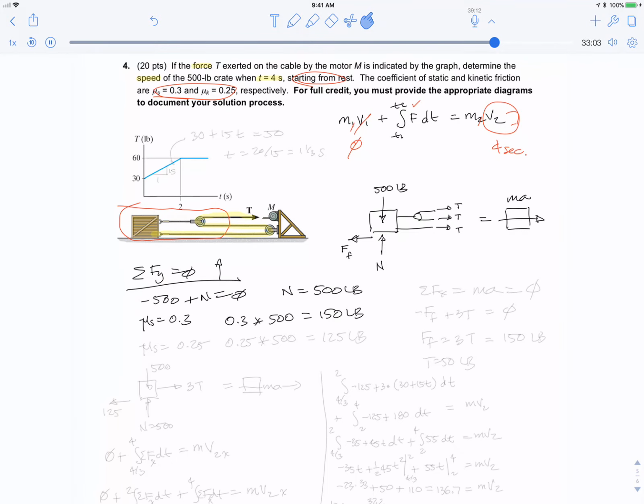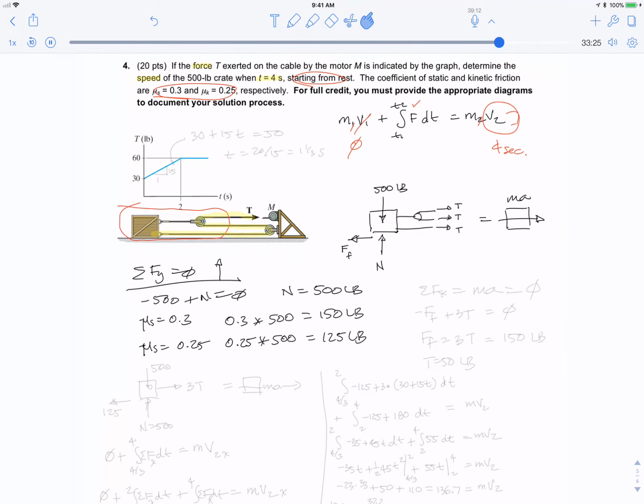And after it hits 150 pounds on the crate, then the coefficient of friction will drop down to 0.25. And 0.25 times 500 is 125 pounds.